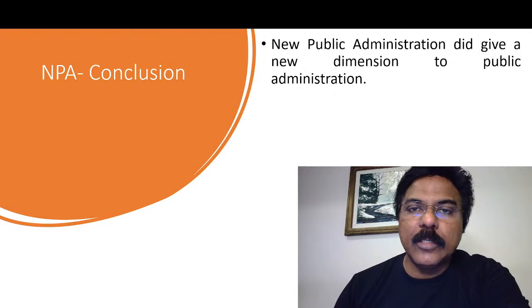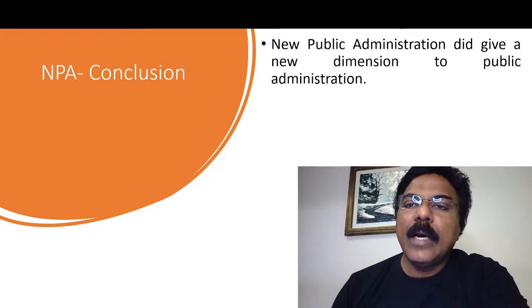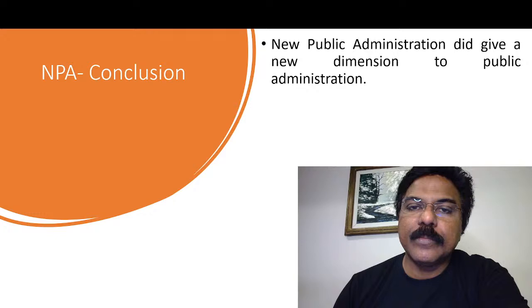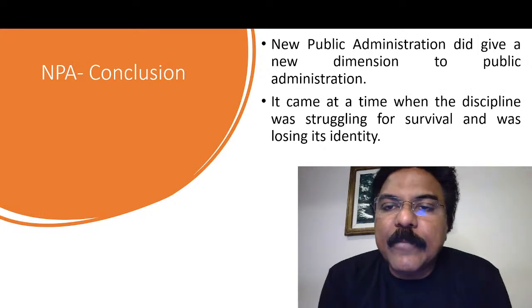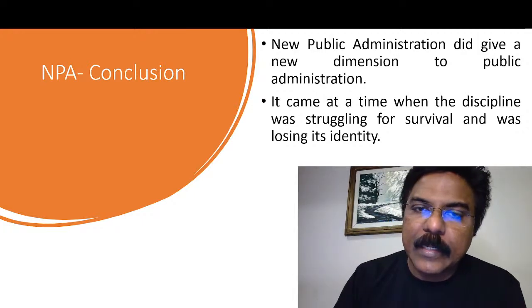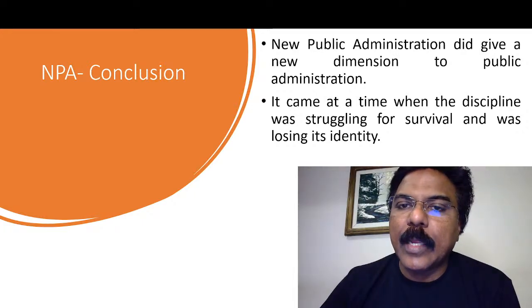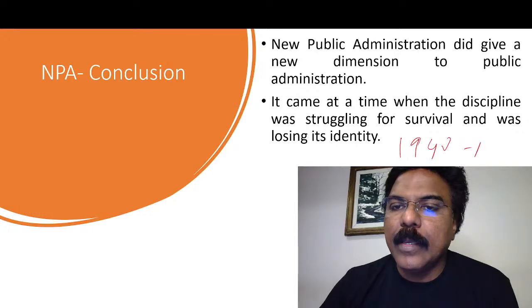What are the conclusions? New public administration did give a new dimension to public administration. It came at a time when the discipline was struggling for survival and losing its identity. So we describe this 1940s to 1960s as the time of lack of identity.